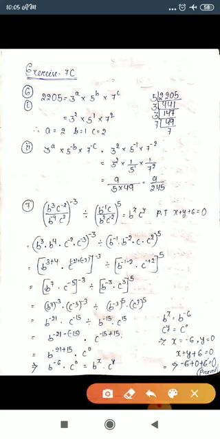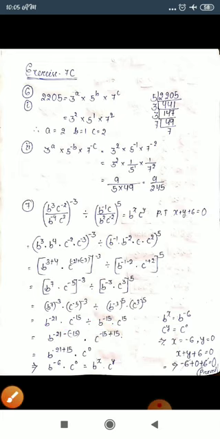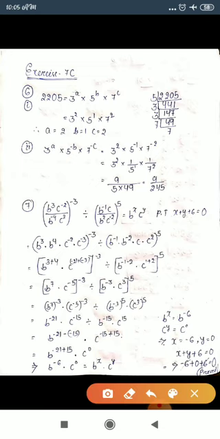So here b to the power minus 21 minus of minus 15, and here c to the power minus 15 minus 15. Okay, now minus 15 plus 15 it will become 0, and here minus 21 plus 15 it is minus 6.